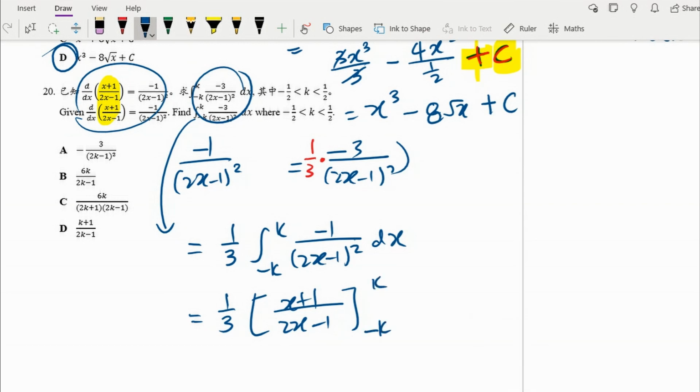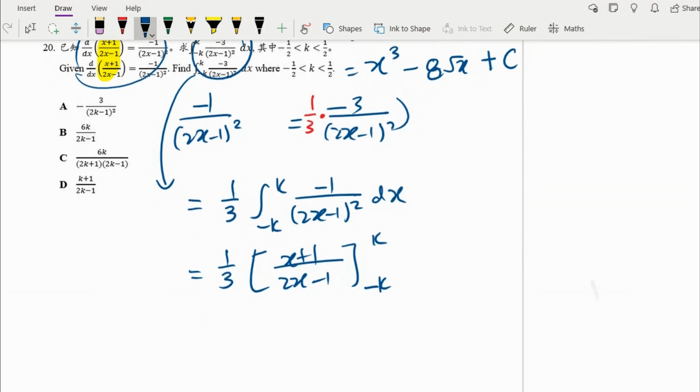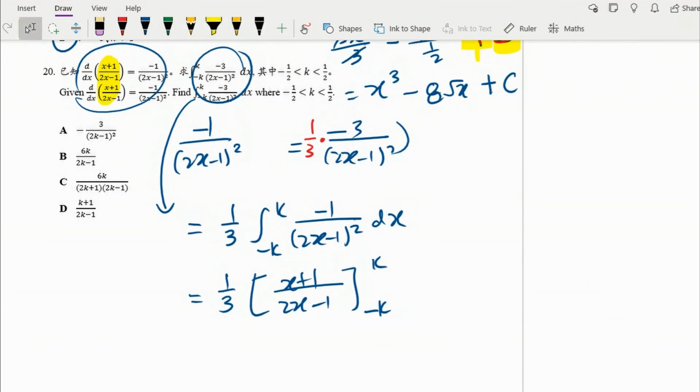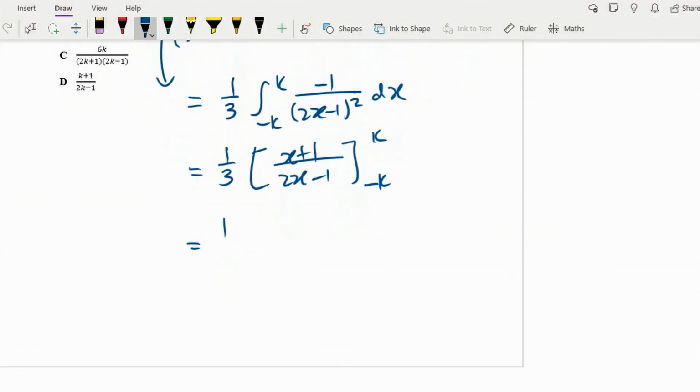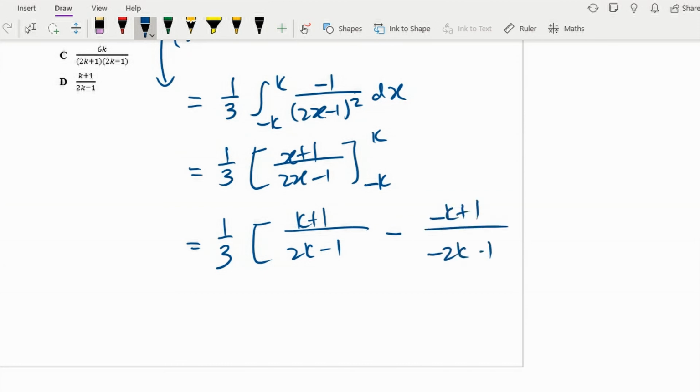Is there any other shortcut? Never mind, we try to expand this. Substitute in (k plus 1) over (2k minus 1), then minus (negative k plus 1) over (negative 2k minus 1). So it's a 1/3. This negative, you just give it to this one.